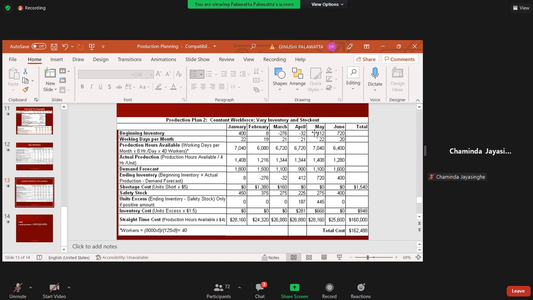Then go to June. The beginning inventory is 720, and there are 20 days in the month. Production hours available: 20 multiplied by 8 multiplied by 40, 6,400. Actual production is 6,400 divided by 5, 1,280.